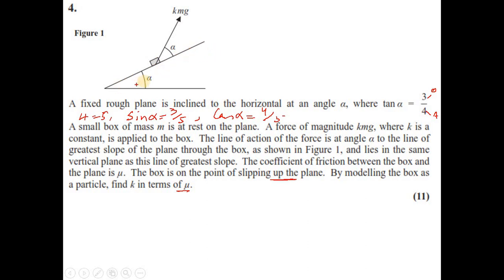Now this is an inclined plane. You know that you have forces acting. One force is a contact force acting up, 90 degrees to the plane. So this is normal reaction force R, and you have a perpendicular component of the weight, where mass is m.